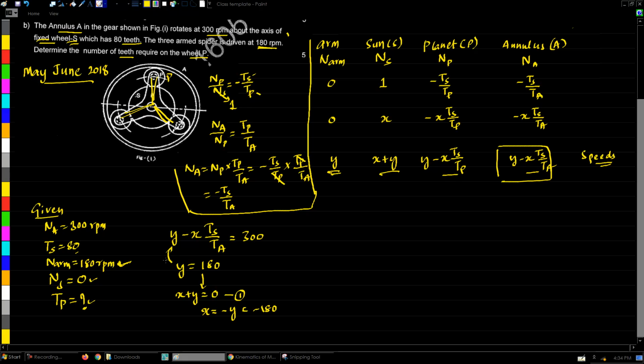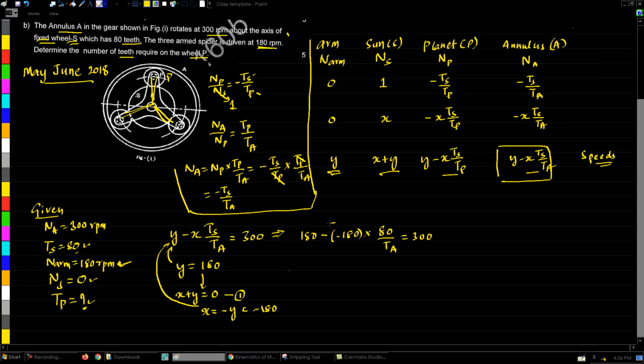Now let us substitute the value of y as well as the value of x into this particular equation along with the value of ts that is known here, and we can find the value of ta with all those. So here y value is 180, so to substitute, minus x value is minus of minus 180, so minus of minus is going to be cancelling. Then ts by ta, ts value we know it is 80 and ta value is unknown, equal to 300. That's what is there on the other side.